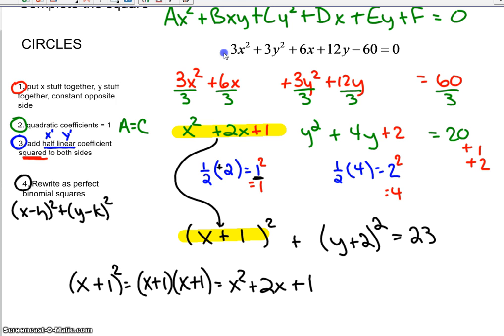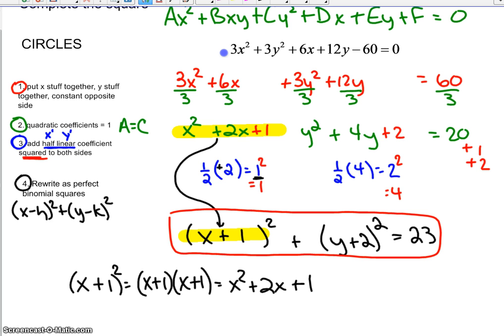What we're doing is we're just putting it in a different form so that I'm able to have it as that binomial squared and pull out my center. So don't get so worked up about that. But here's our final situation. We now have it in standard form. We can graph it.